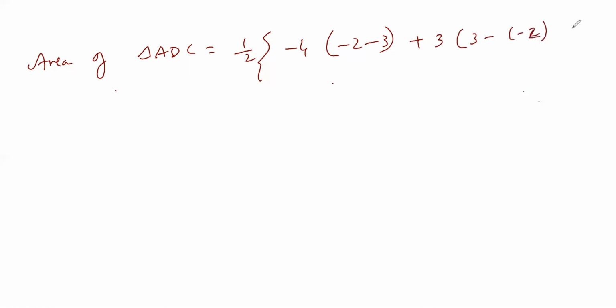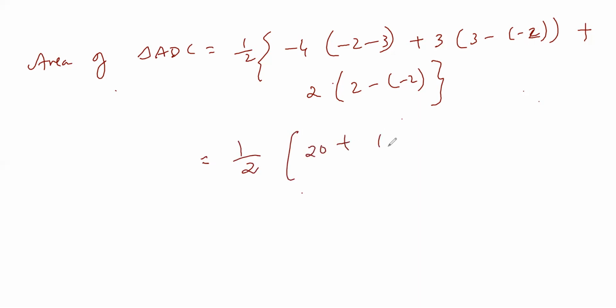The same figure, okay. Plus 2 into 2 minus minus 2. We'll get half into 20 plus 15 plus 0, which is nothing but 35 by 2 square unit.